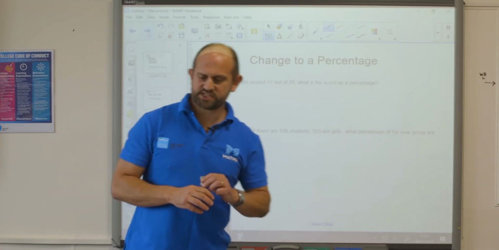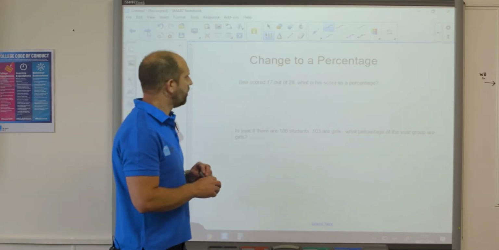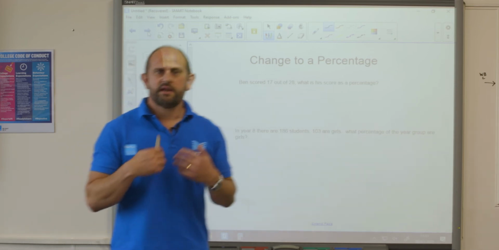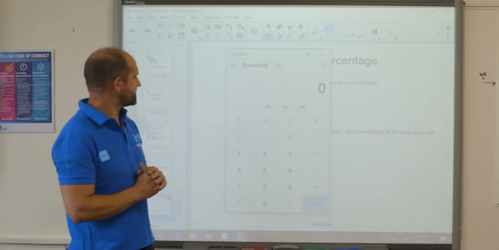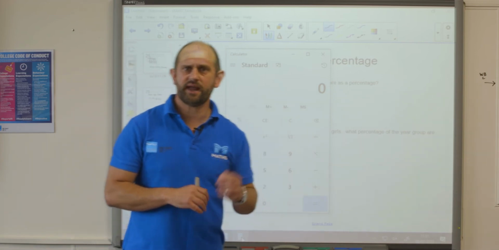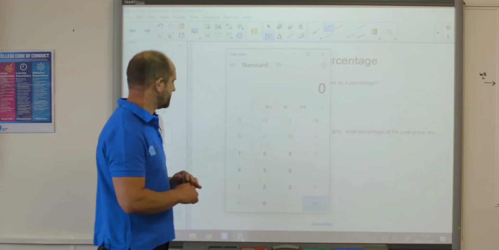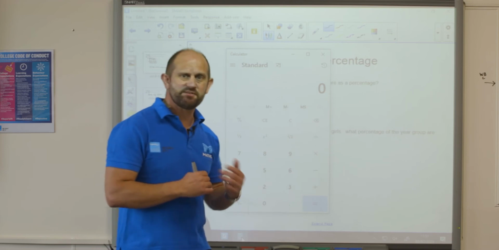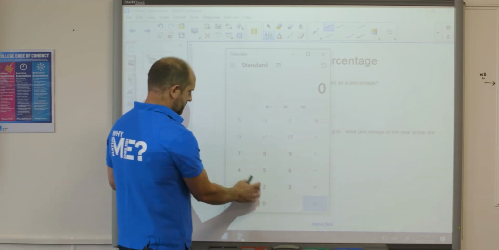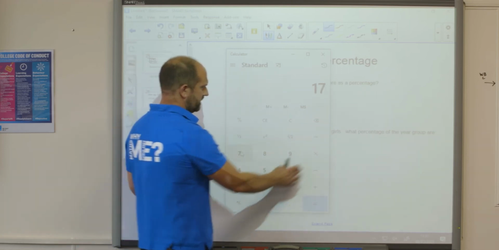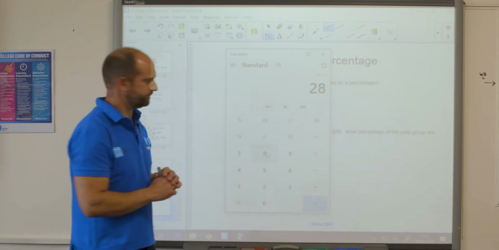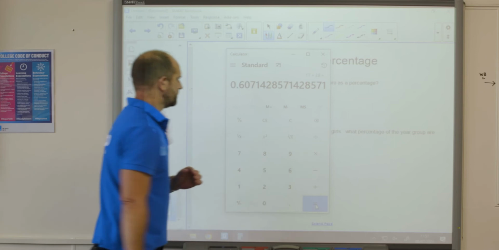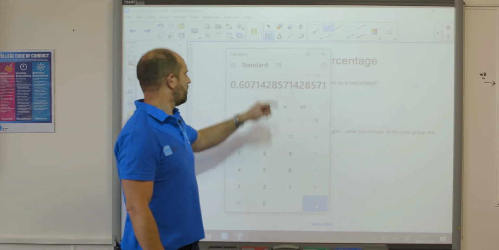Ben scored 17 out of 28. What is his percentage score? Let's have a look now how we can do this with a calculator. 17 out of 28. To do this, we're going to be dividing 17 by the maximum possible score equals 0.6714.